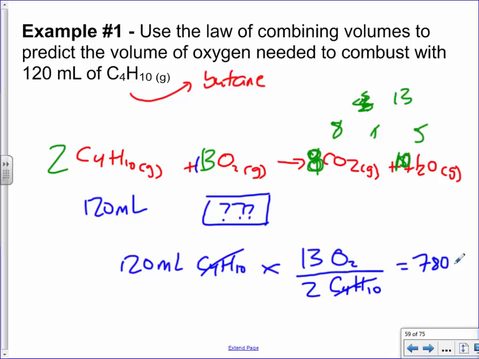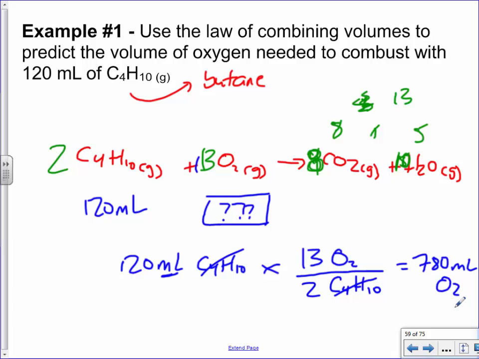I got 780. It means there's 780 milliliters, because that's the unit that I didn't get rid of. And the remaining variable that's left is oxygen. That's how much oxygen you would need.